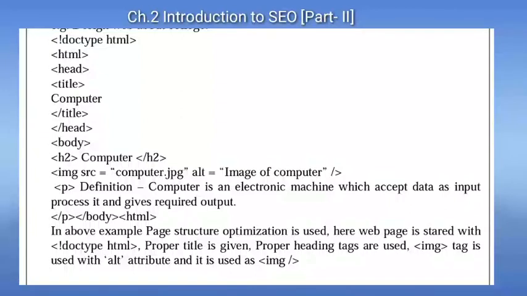In this page, heading tag h1 and slash h1 is used. Image tag is closed with slash character, and also alt attribute is used to explain user about the image. P tag is used to display paragraph.